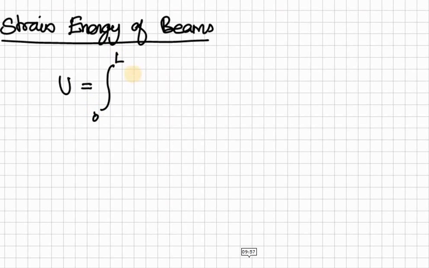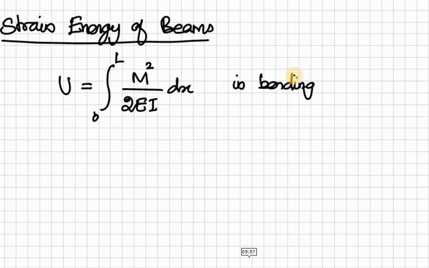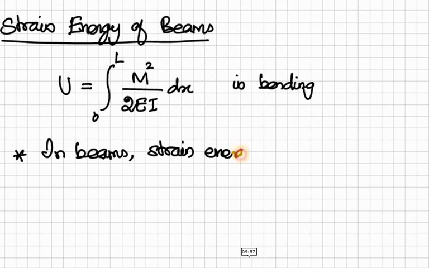So the strain energy of the beam in bending U is equal to integral of 0 to L M squared over 2 EI into dx. Because strain energy stored due to shear as well as axial force are very small as compared to the bending moment, we ignore it.